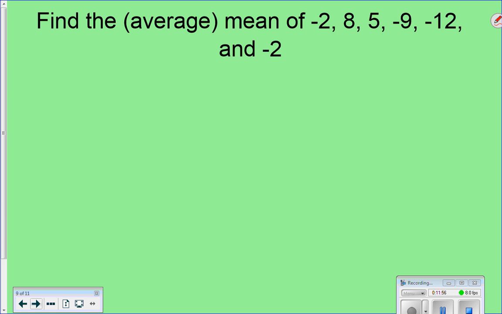Add them together, so it's going to be this, this, this. I'm not telling you. But it comes out evenly.